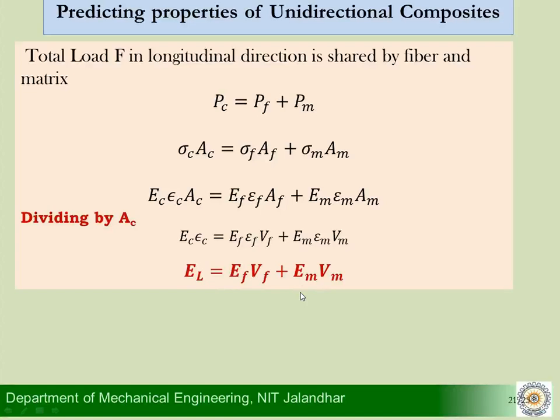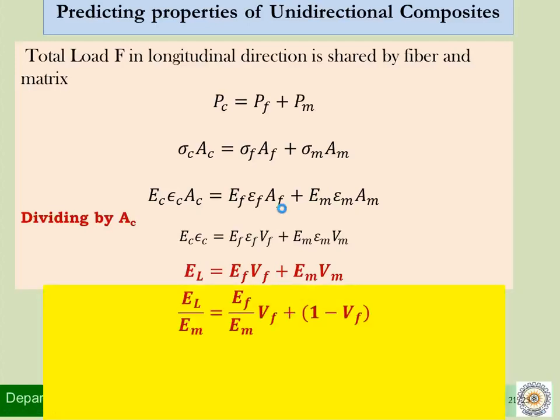To get a better understanding of the influence of the stiffness of the fiber material and the stiffness of the matrix material, we rewrite this expression as EL by EM. I'm simply writing this as the ratio of the modulus of the composite material along the L direction to that of the matrix material.